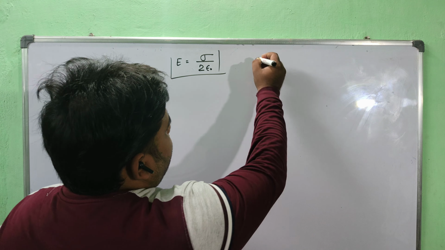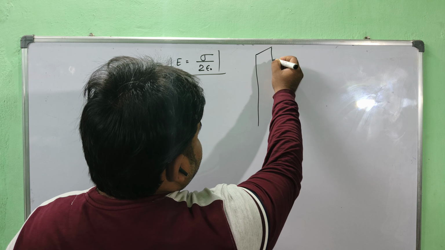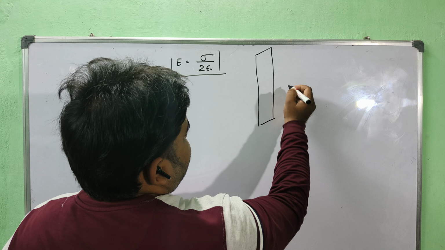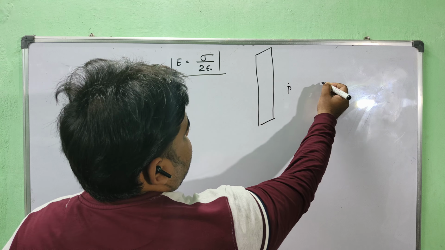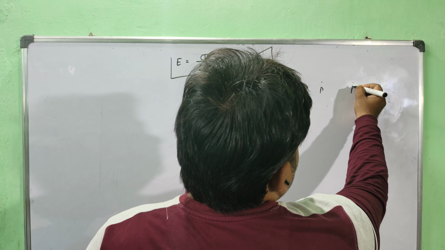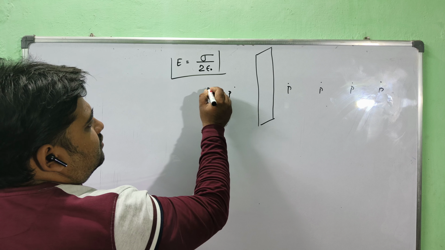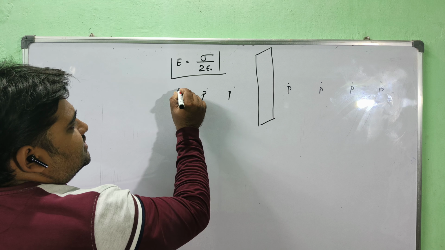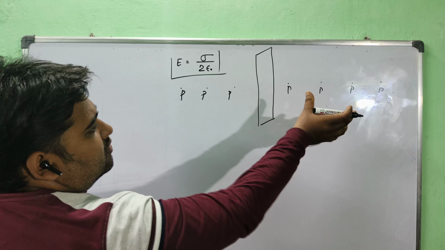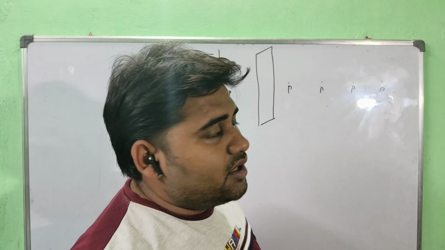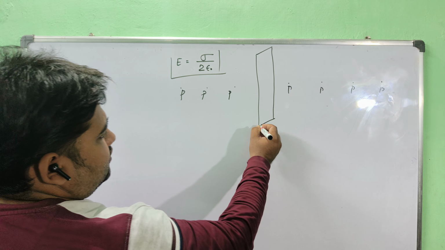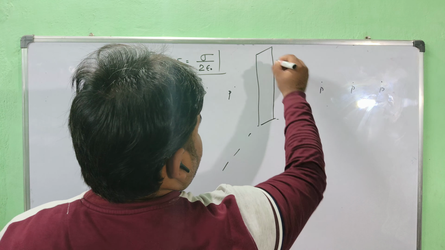So that means if it is an infinite sheet, then P may be here, or here, or here. The distance is changing, but the sheet should be infinite.